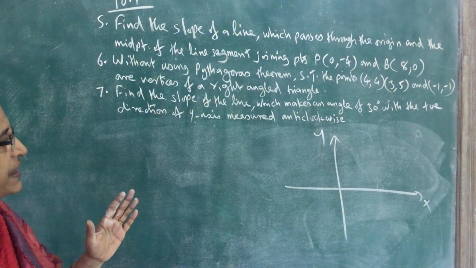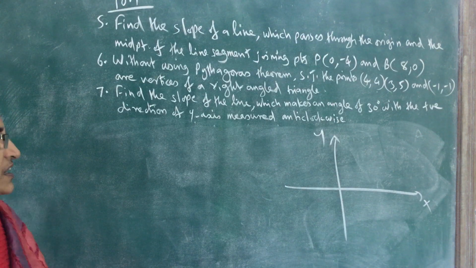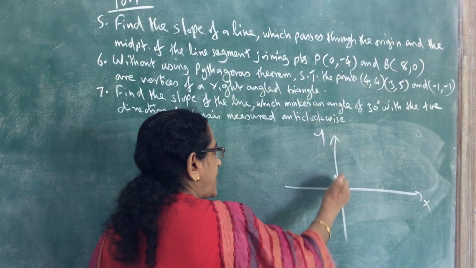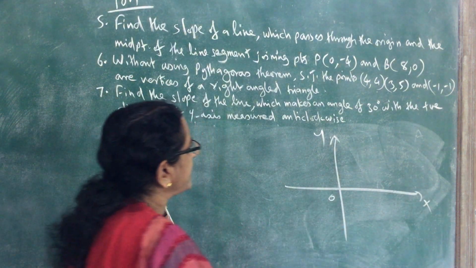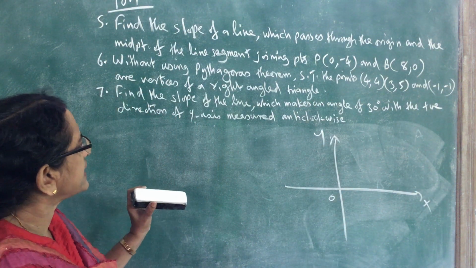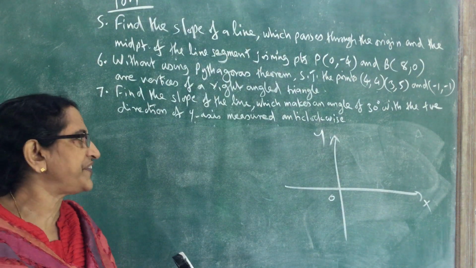So that line makes angle 30 degree with the positive direction of y-axis. This is the positive direction of y-axis. And this line makes an angle 30 degree with the positive direction of y-axis measured anti-clockwise.